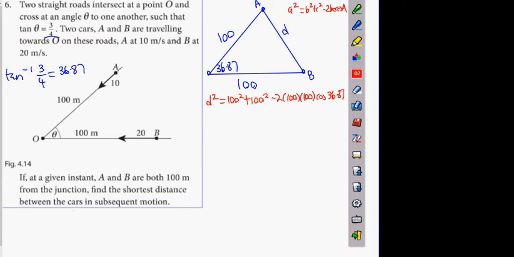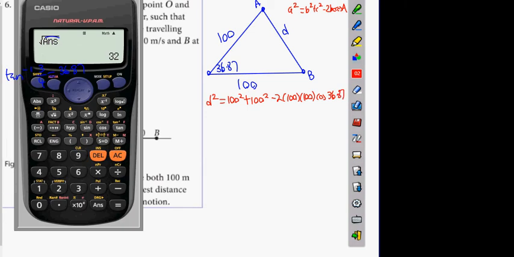Go to the calculator straight away and put all this in: 100 squared plus 100 squared minus 2 bracket 100 bracket another 100 and then cos 36.87 close bracket, and you find that D squared is 4,000 nearly on the money.